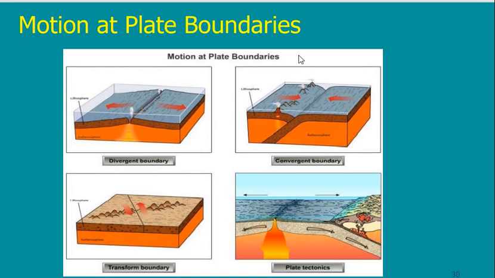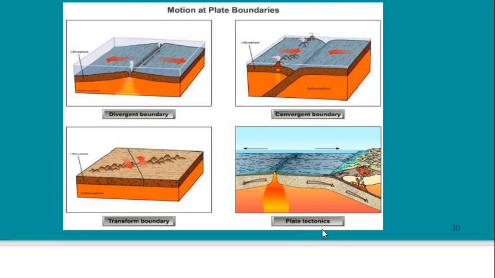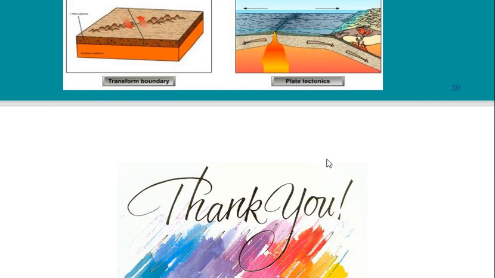This is exactly what we have said. We said that there is divergence, convergence, transform, where they move relative to each other, and this is what we mean by plate tectonics. It's the study of the motion of the plates relative to each other, either drifting away or colliding together or causing earthquakes and so on.